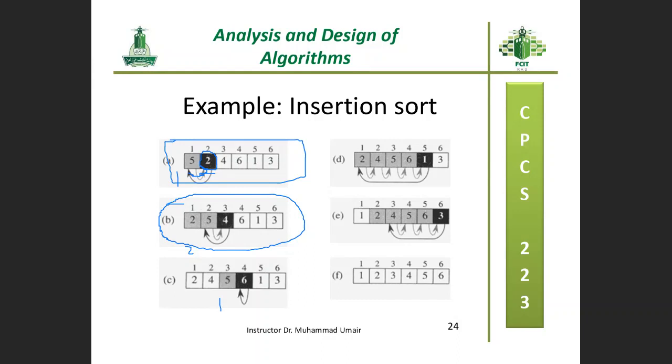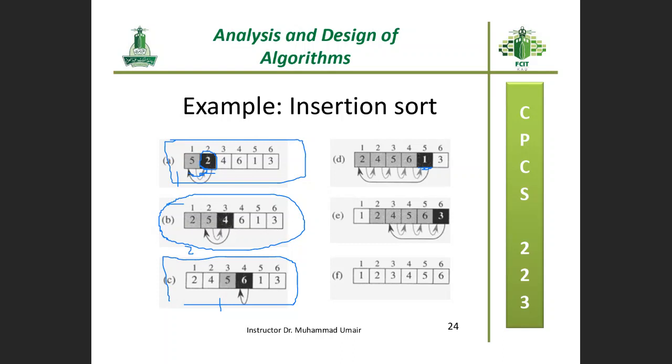For example, in this iteration, 1 is compared with 6, and because 1 is smaller, I have to continue further and further. What will be the situation when I do not need to perform further comparison? Like this step. When I have 6, which is the largest one, I have to perform only one comparison.